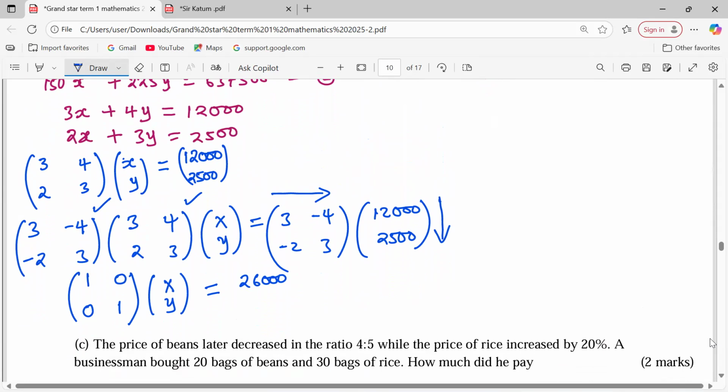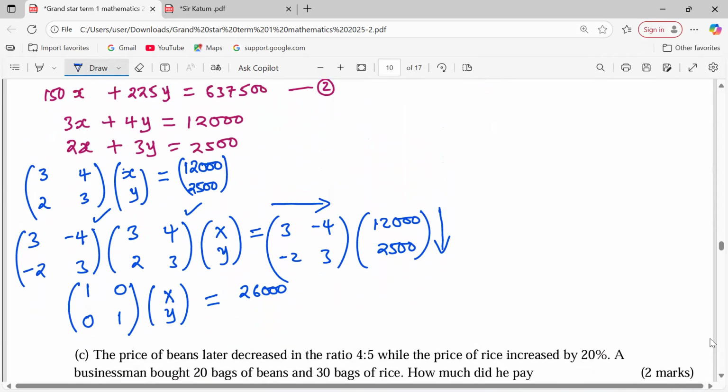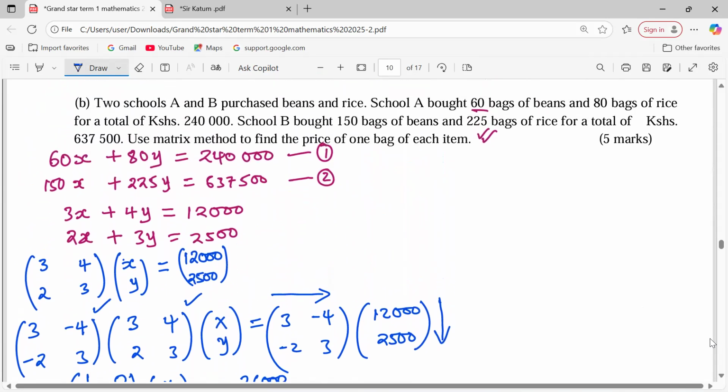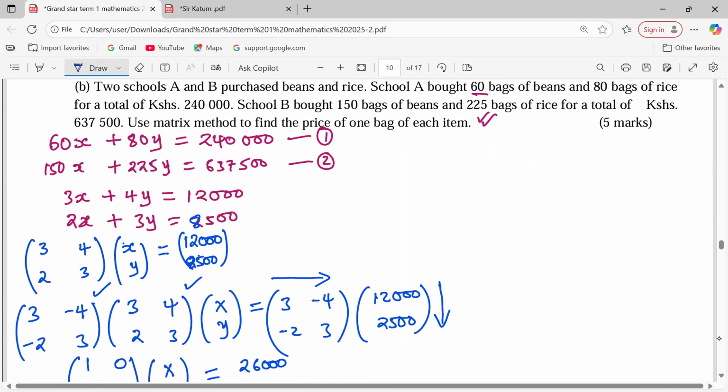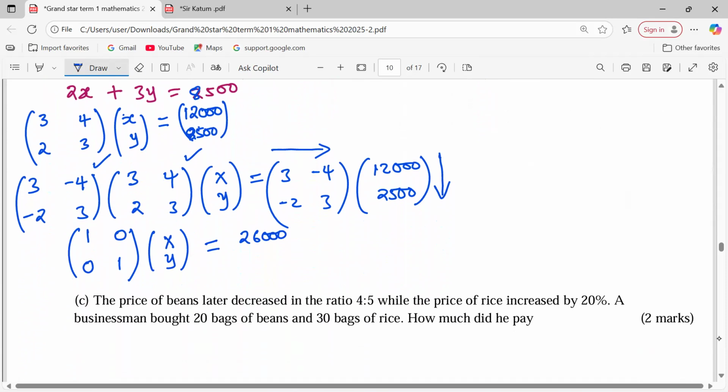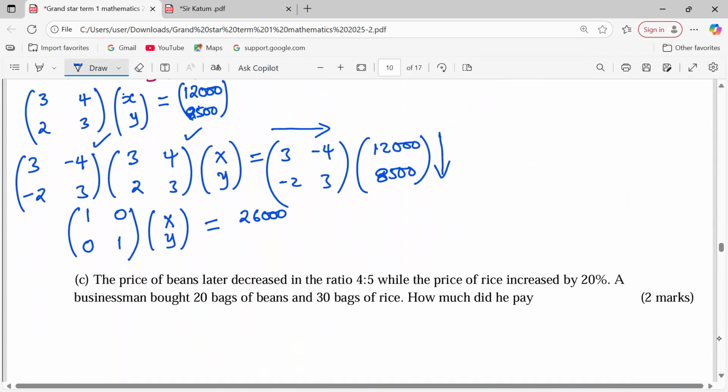So at this point, let me just check. In this equation, when we divided by 75, 637,500 divided by 75 should have given us 8500. So at this point, this is 8500, meaning that we are multiplying here by 8500. Yeah, that way.